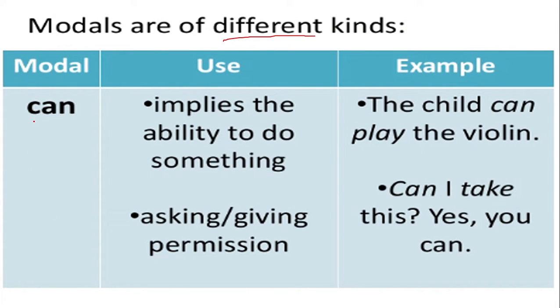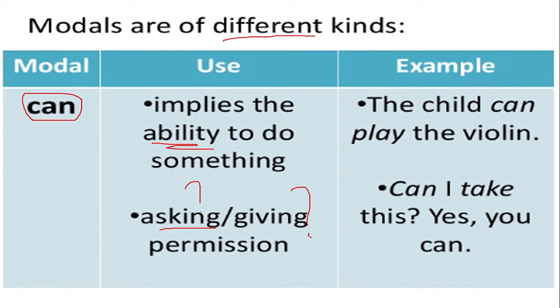First is main and important, that is can. It implies the ability to do something. The ability is that we can do things. If we are asking anything, like "Can I do this?", that is asking permission or giving permission.